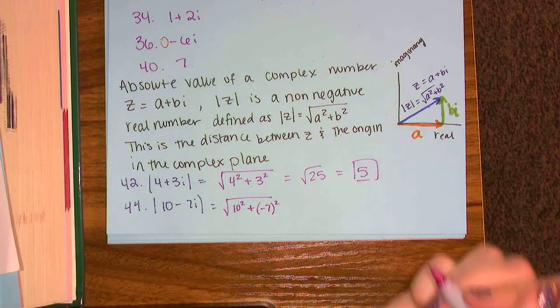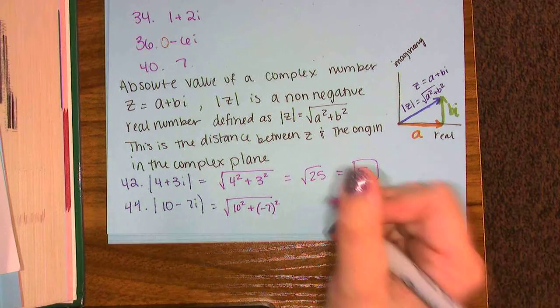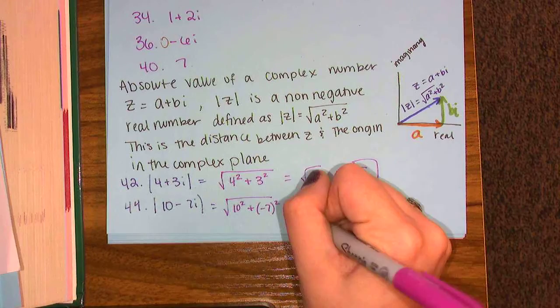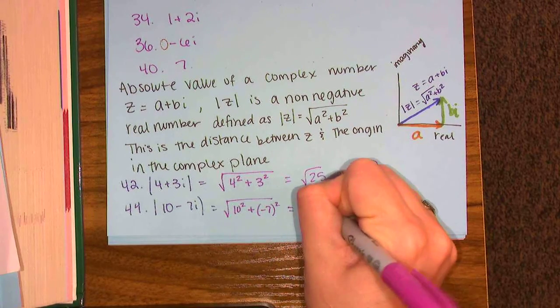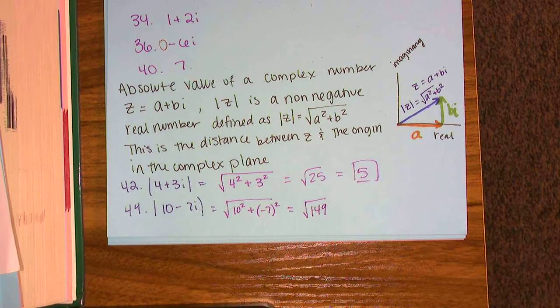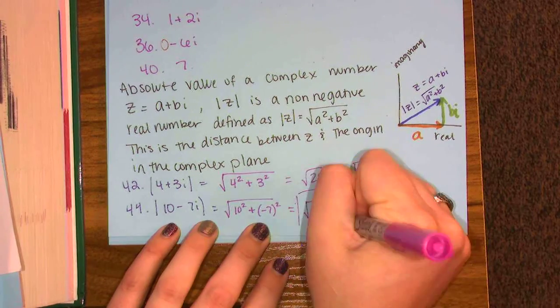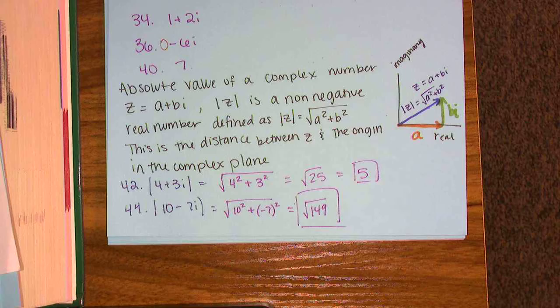And what does that give you? Square root of 149. Is there anything that can come out of that? Nope. Nothing can come out of it, so you can just leave it. If there's something that can be pulled out, then do that. But like this one, there's nothing that can be pulled out.